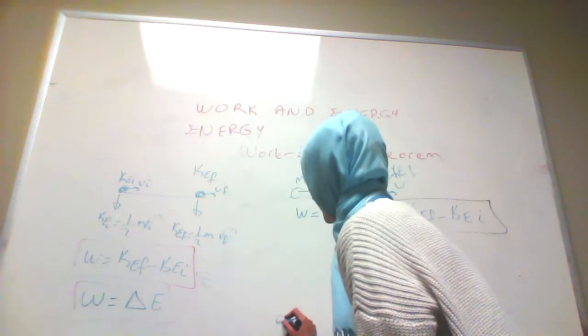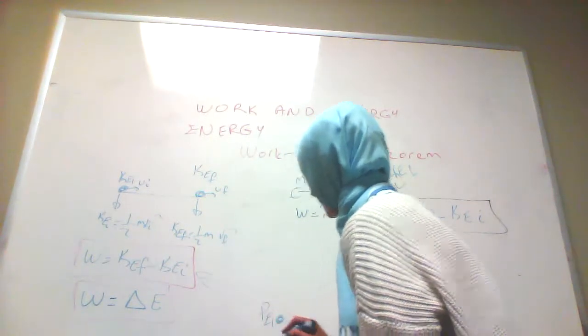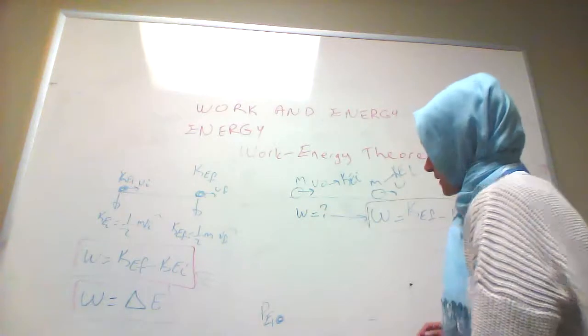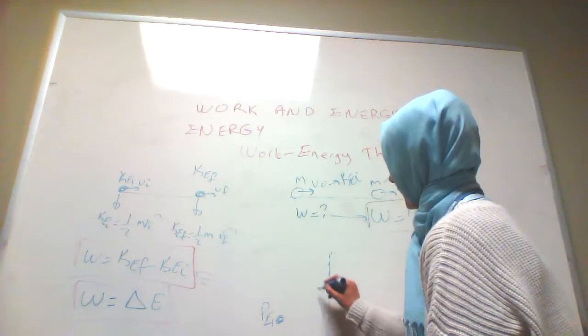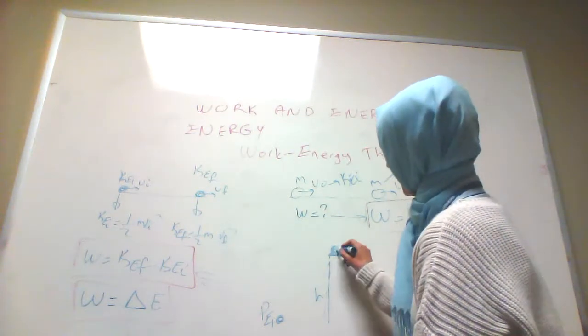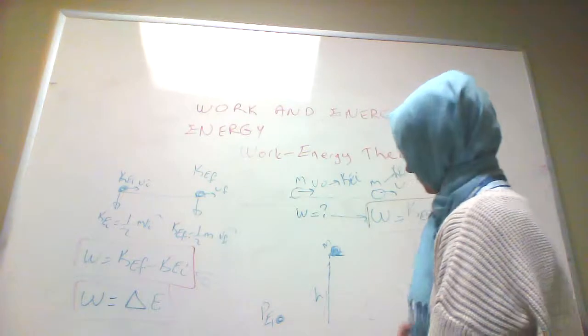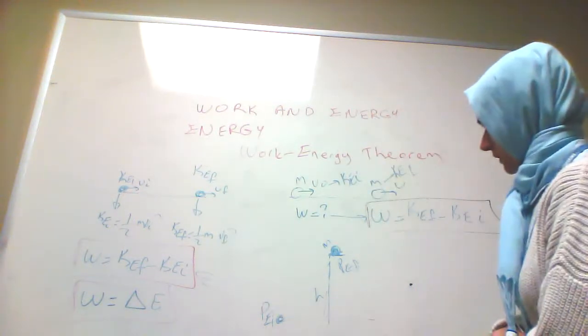If there was an object staying on the ground, it will have a potential energy initial that is 0. And then somebody comes and takes this object to a height h, right? Now the object will have a potential energy final, and potential energy initial, let's say.